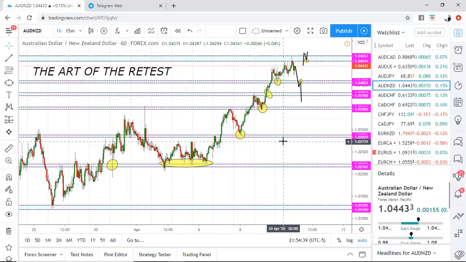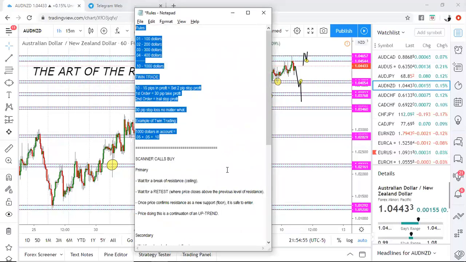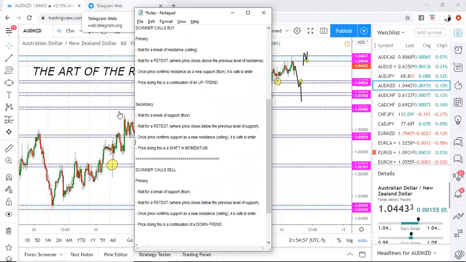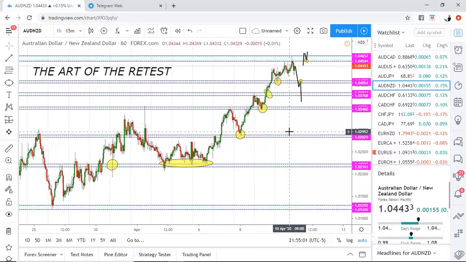You never force a trade. You never force the candles to go places that they're not supposed to because you let these things happen as they will. Let the markets unfold and you can watch and see if it follows these rules. If it doesn't happen, then it doesn't happen. Even better.